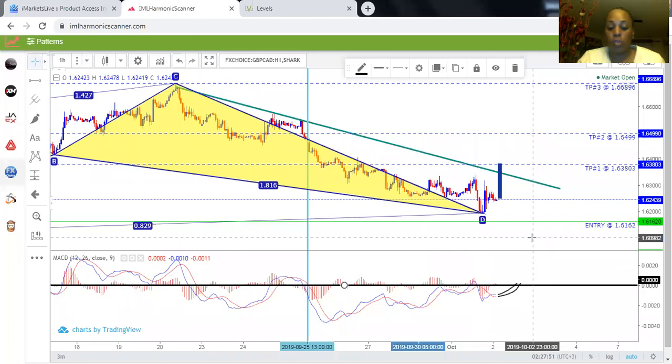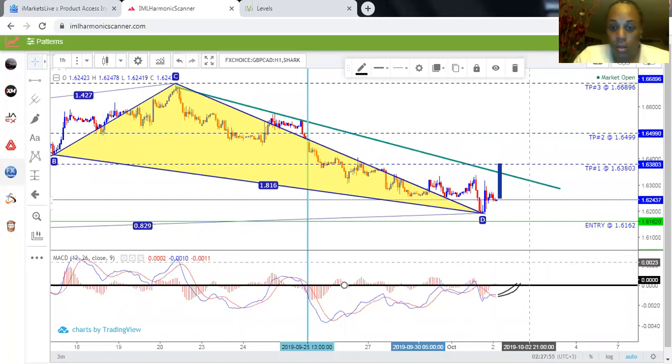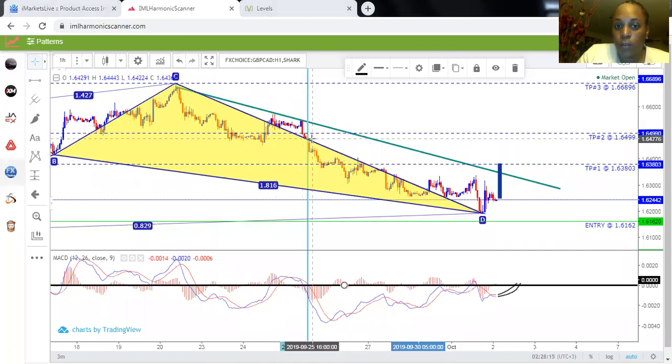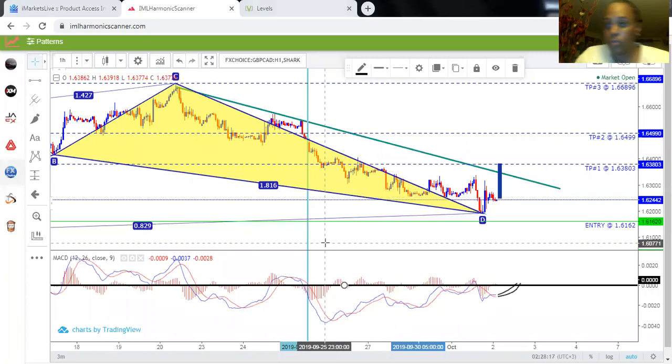All right, so I want you guys to make that note, please. You only enter the trade when the solid vertical line on the harmonic scanner... No, I just did the vertical lines to show you guys where the trade would have confirmed that it went into a downtrend, right?